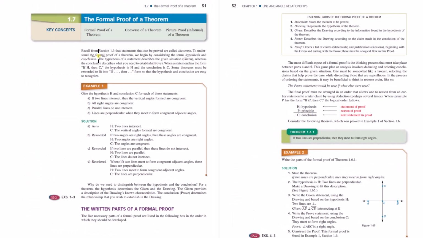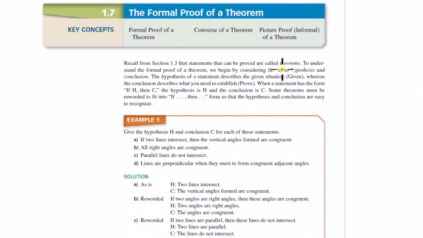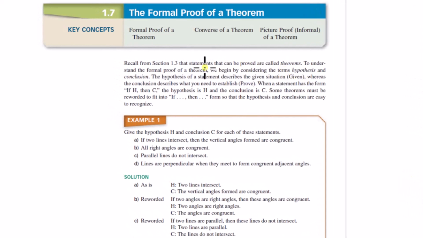All right, recall from section 1.3 that statements that can be proved are called theorems. That's right. A theorem was a statement that you could prove, which is different from a postulate, for example. You don't prove a postulate. To understand the formal proof of a theorem, we begin by considering the terms hypothesis and conclusion.